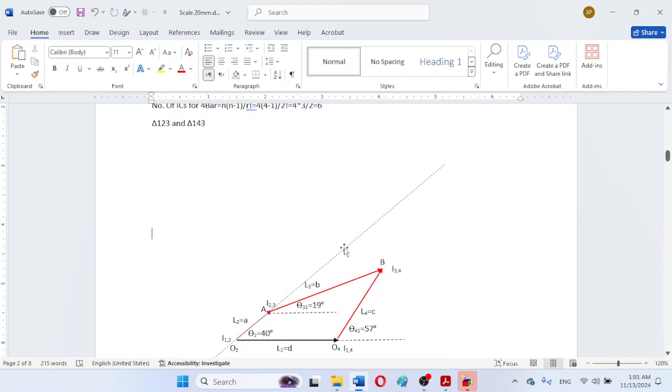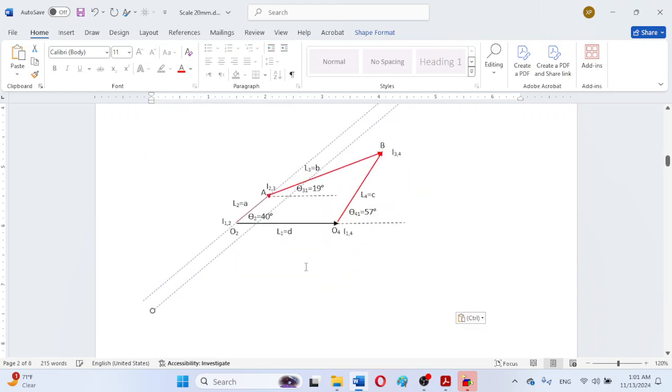In a similar manner, we can copy this line and paste it here, then relocate and reorient it like this.